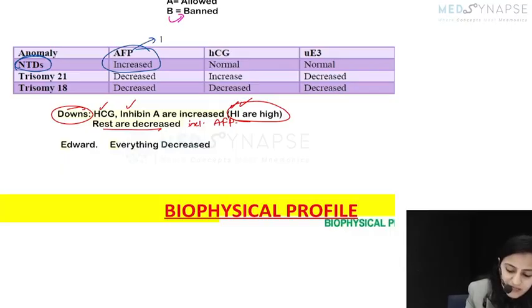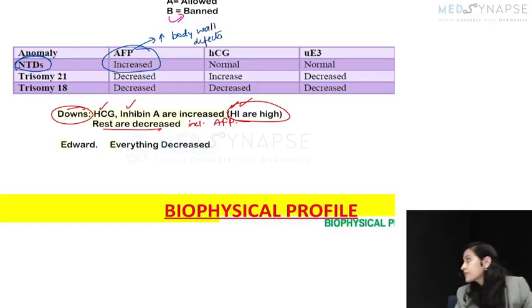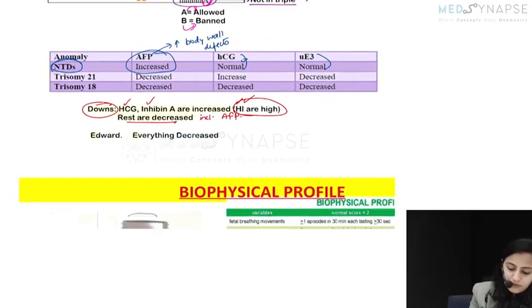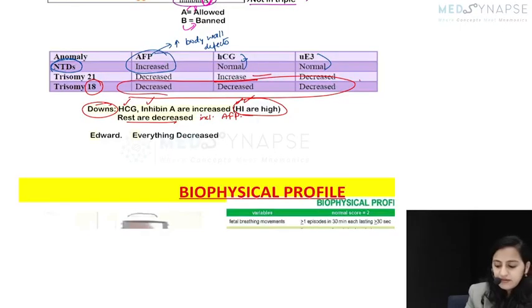AFP. AFP increases in body wall defects. HCG will be normal, estriol will be normal. In Downs, HCG is high. In Edwards, everything decreases.